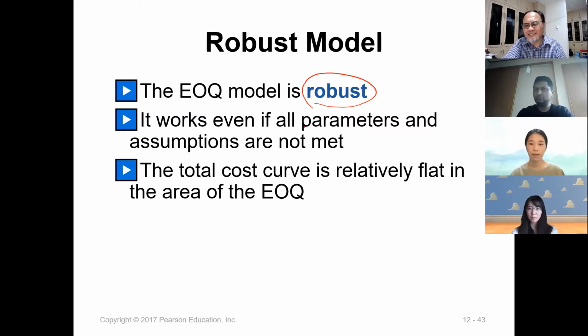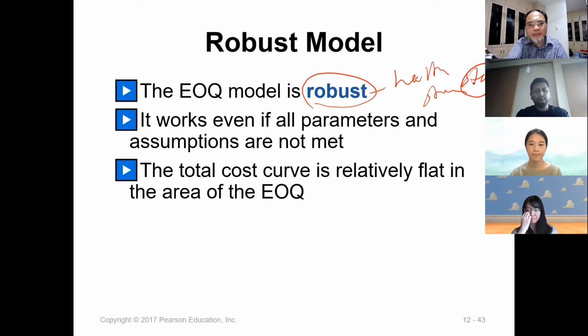Healthy, strong, etc. Stable. Okay, stable. Correct. Stable, yes, stable.